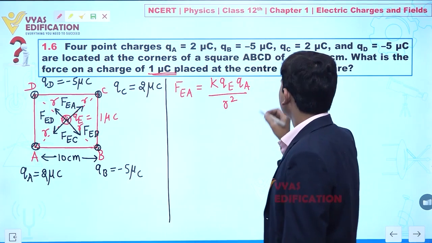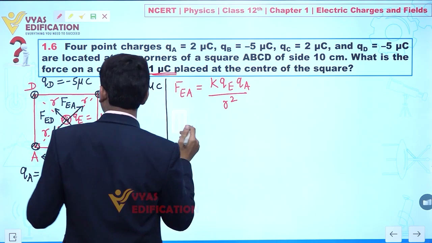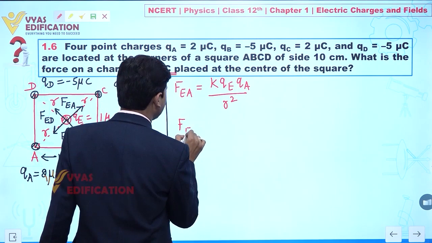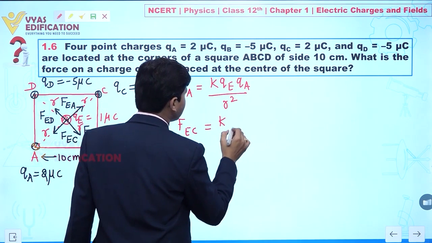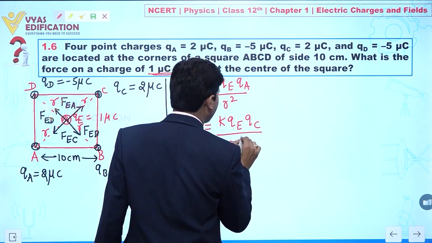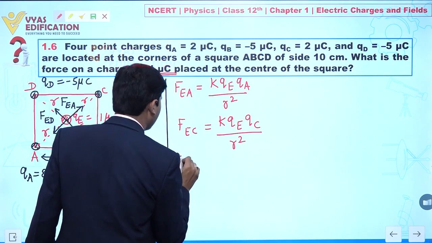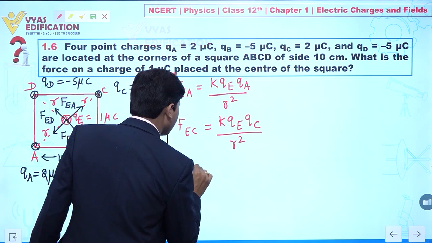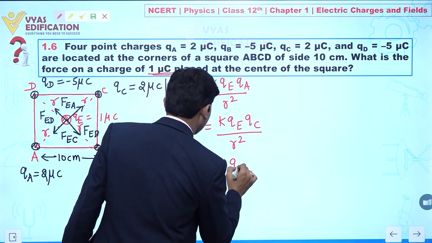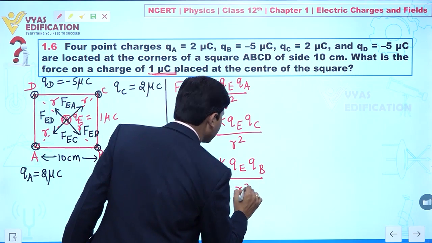Now FEC is KQE, QC divided by R square. FEB is equal to K, QE, QB divided by R square.